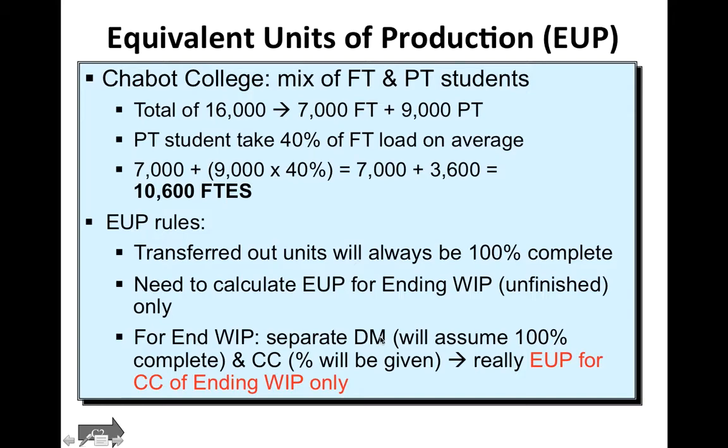If you start mixing cookies and baking cookies, you already used all the flour, all the sugar, all the eggs, you mixed it together, but you haven't completely cooked or baked them. So in regards to labor and overhead, we will need to use more of those in the next period. So conversion cost for the ending WIP will be the only area where we will be given a different percentage. And this percentage will be less than 100, and it will be given to you. It will change from problem to problem.